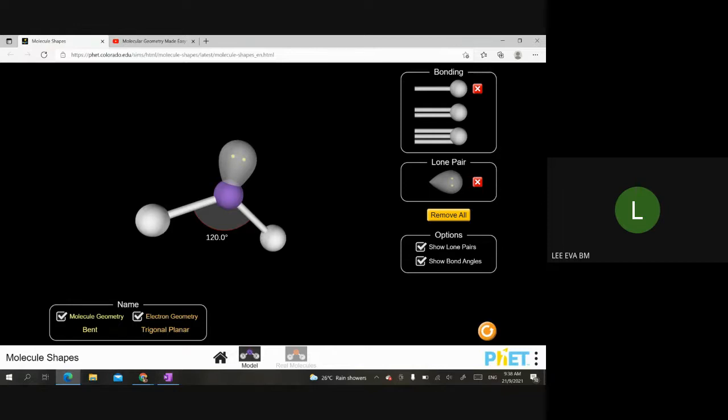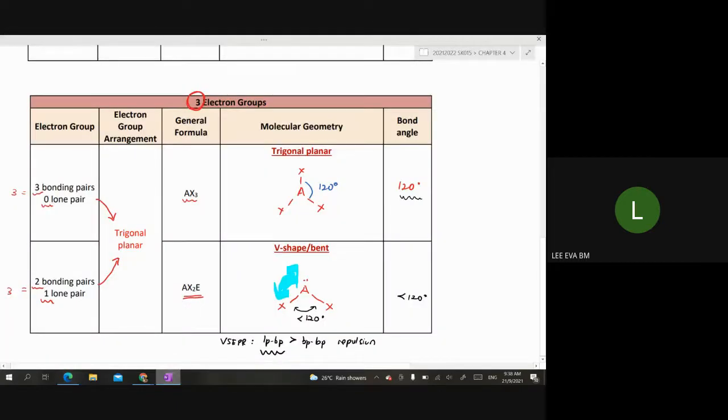So dekat sini awak boleh nampak electron geometry Trigonal Planar sebab dia termasuk lone pair dengan bonding pair bila kita kira electron group. Tapi molecular geometry ataupun molecular shape kita hanya consider bonding pair sahaja. So penting awak boleh recognize bonding pair maksudnya apa. Okay. So we go back to this structure, and please recognize the bonding pair angle here now is less than 120, due to this one.